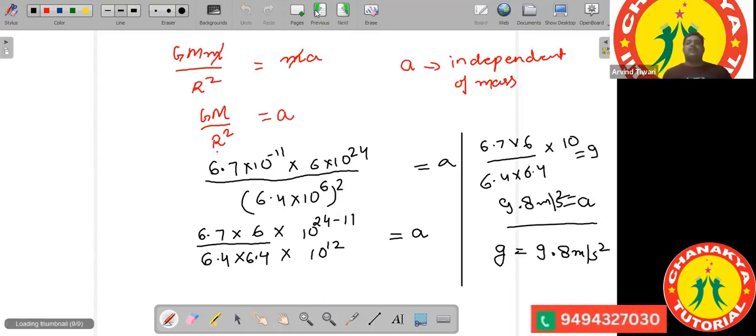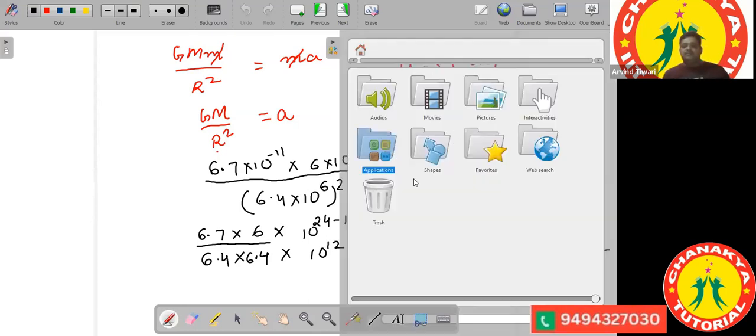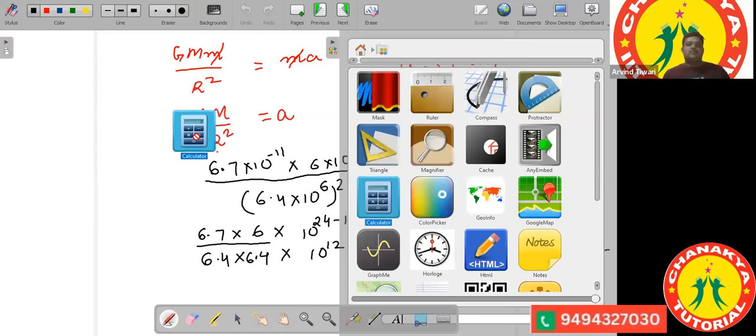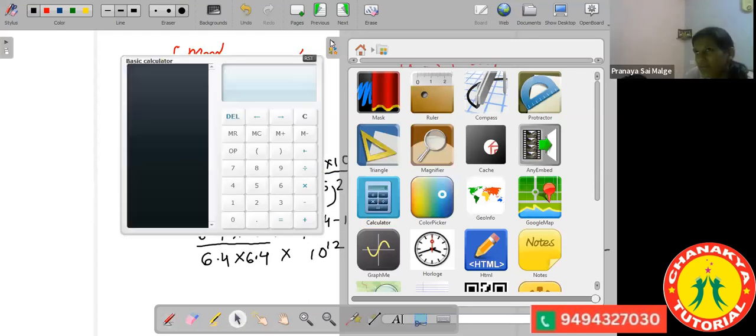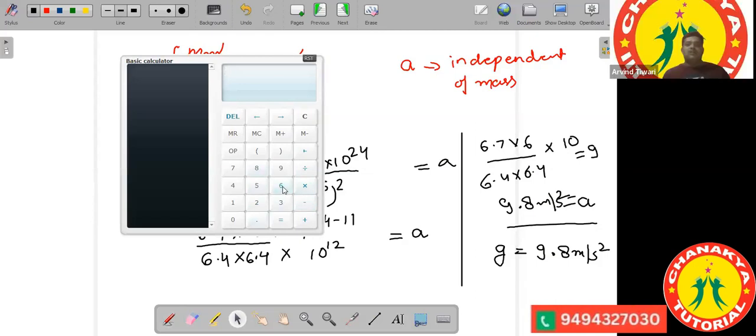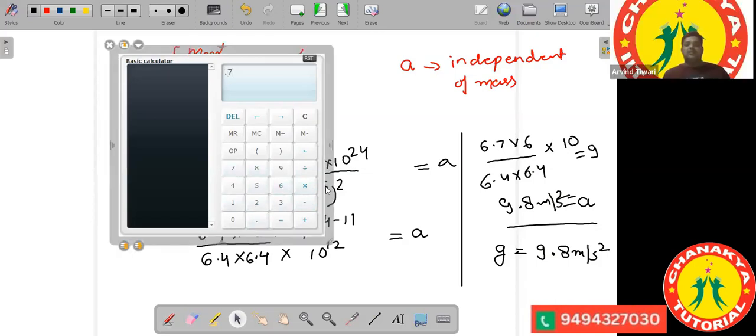Okay, I have not performed the complete calculation. It's here. The value of acceleration due to gravity is 6.7 into 6 divided by 6.4 into 6.4. So this value will come out like this: 6.7 multiply 6, right?